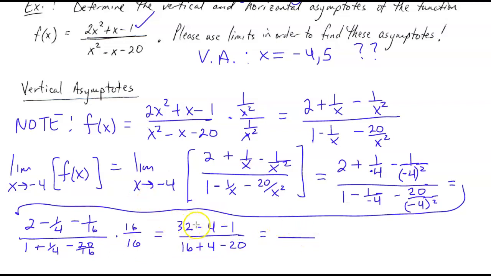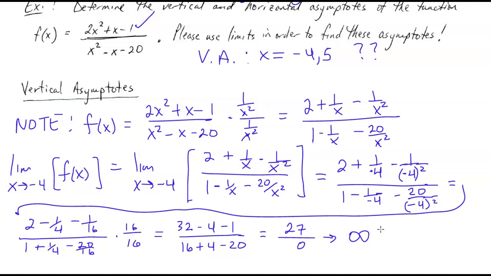In the numerator, I just have 32 minus 4, which is 28, and 28 minus 1 is 27. In the denominator, 16 plus 4 is 20, 20 minus 20 is 0. And we see here, limit-wise, a number divided by 0, that approaches infinity.